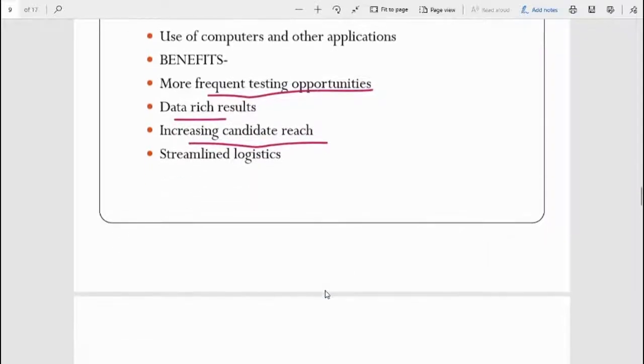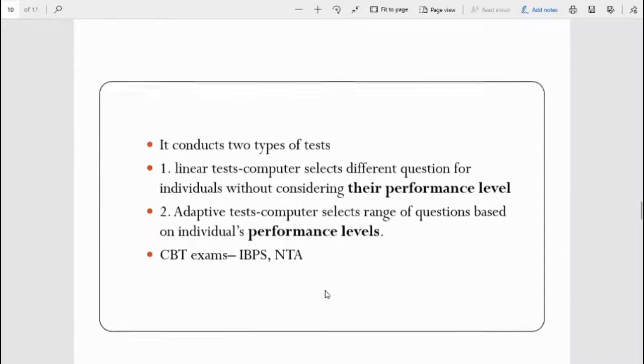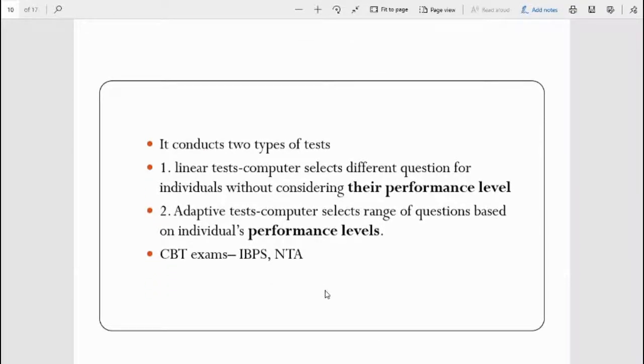So next we have that CBT conducts two types of test. The first one is linear, and the second one is adaptive test. Under linear test, there is no relationship between the questions selected by the computer and the performance level of the individual.